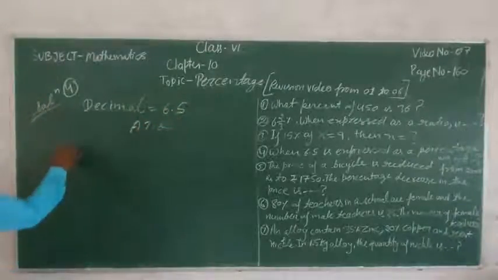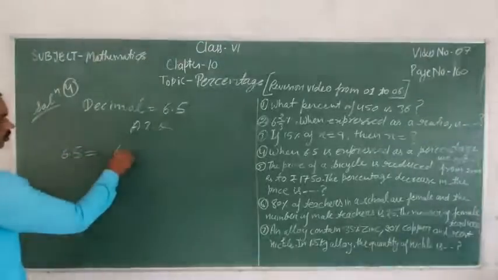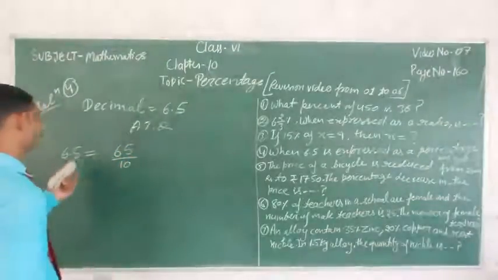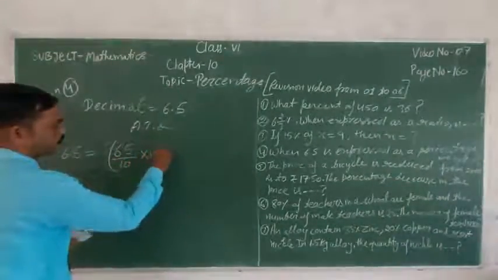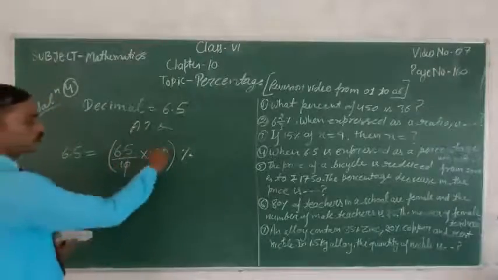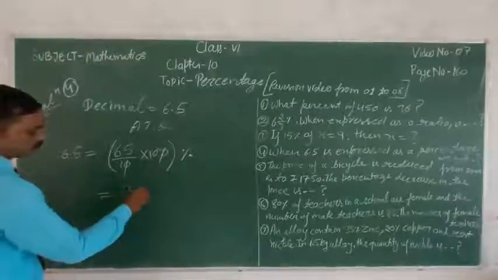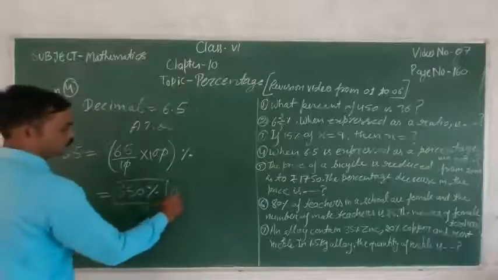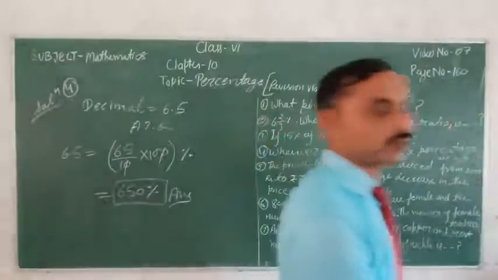We have 6.5, that is equal to 65 by 10. We will remove this decimal and now multiply it by 100 and then give the symbol of percentage. 1 0 cancel from this one. 65 into 10, 650%. This is our answer. Please note it down.